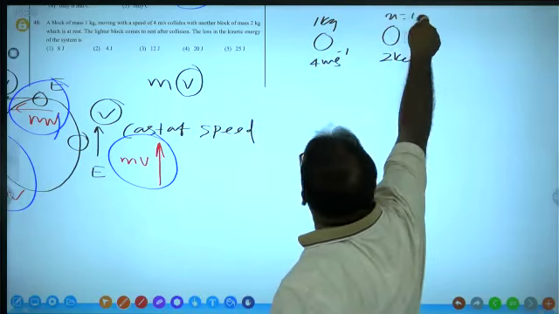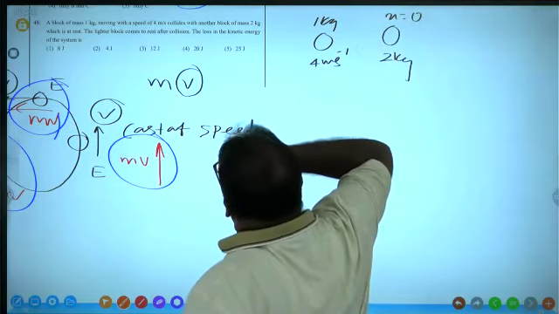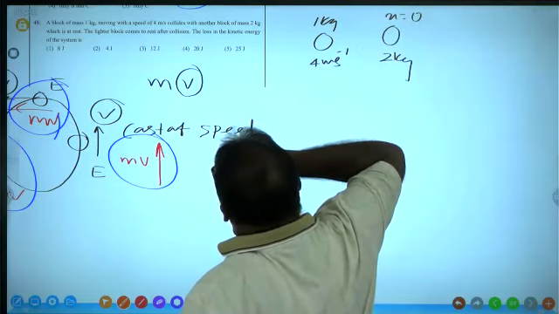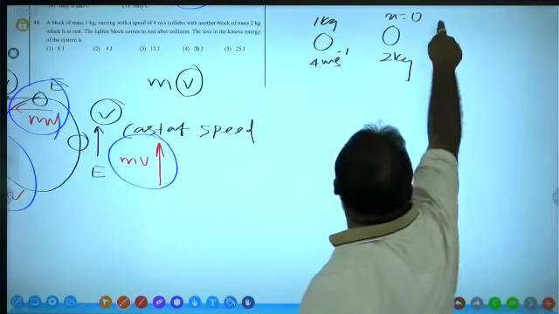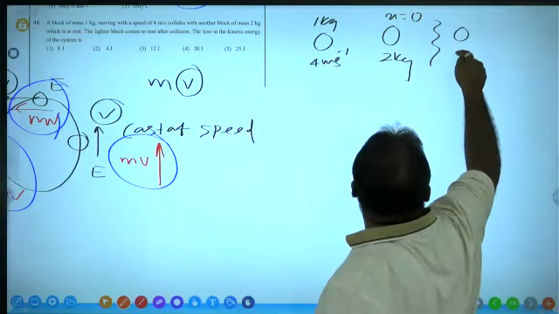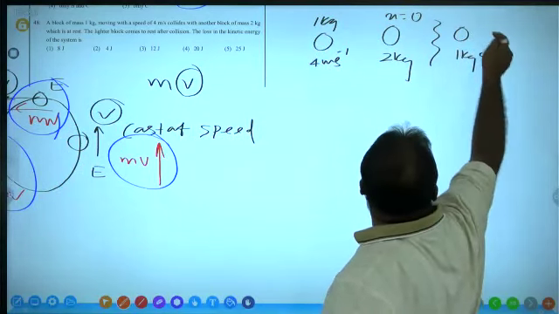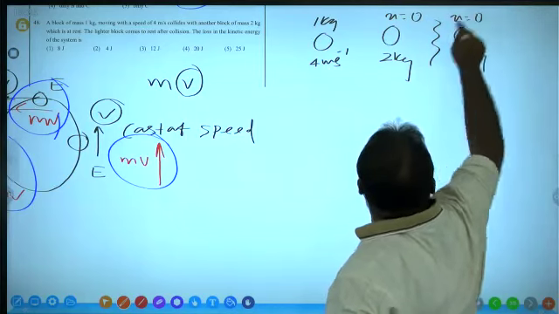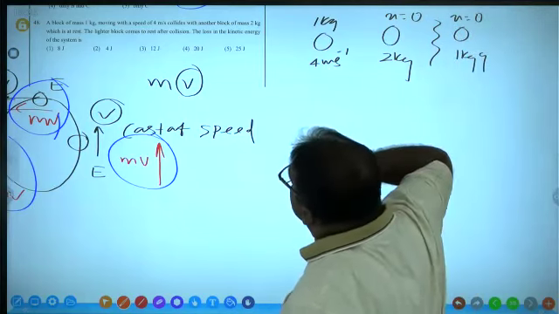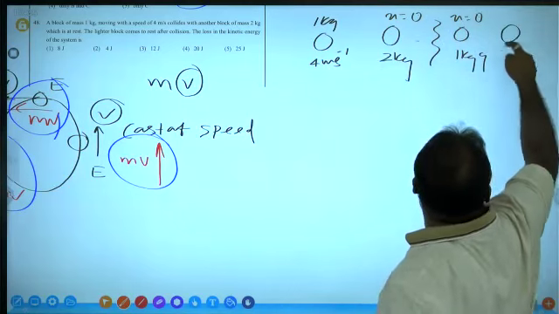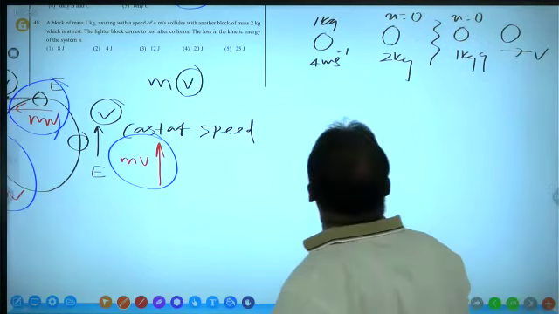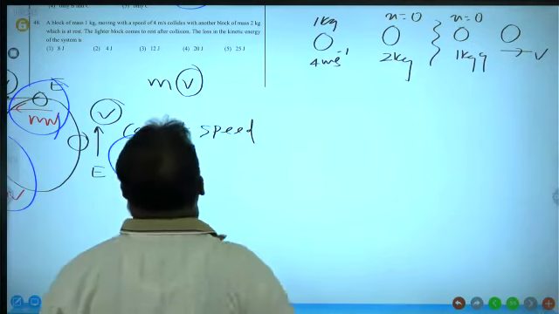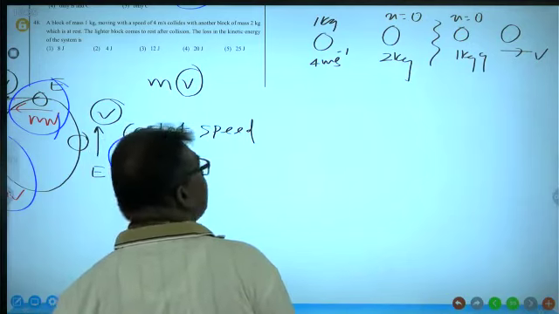Initial velocity 0. The lighter mass, this one, comes to rest after the collision, which means the 1 kilogram finally comes to 0 velocity. And then the other one should travel now with a certain velocity. Find the loss of kinetic energy of the system.